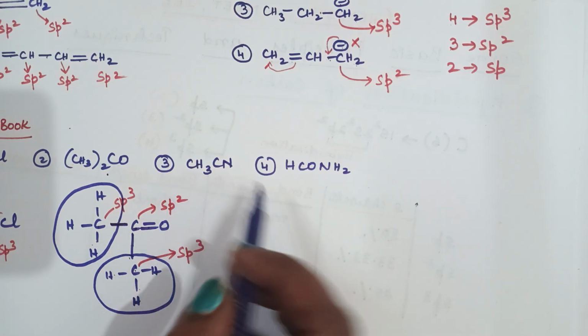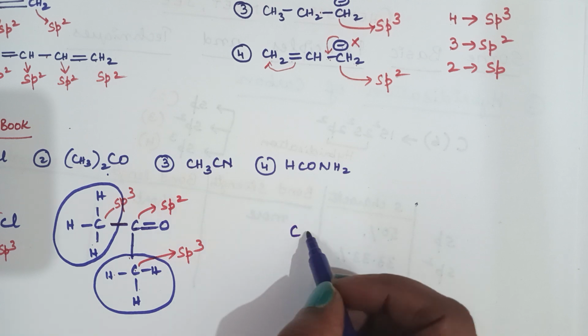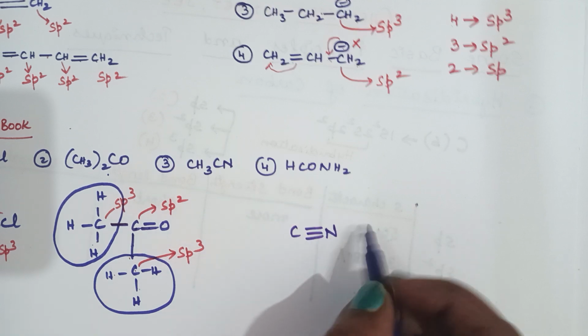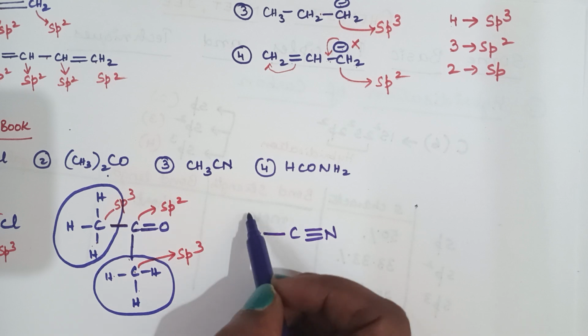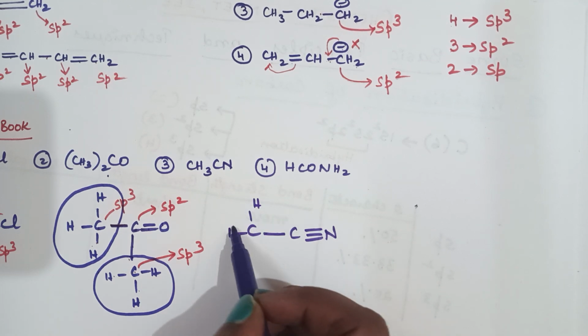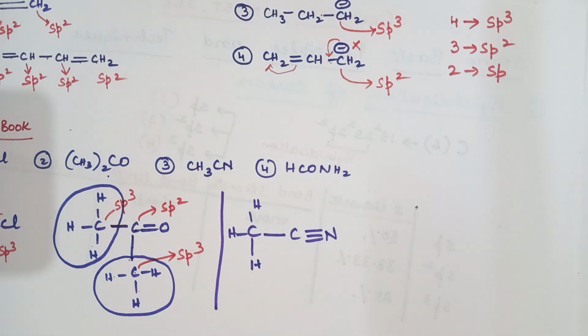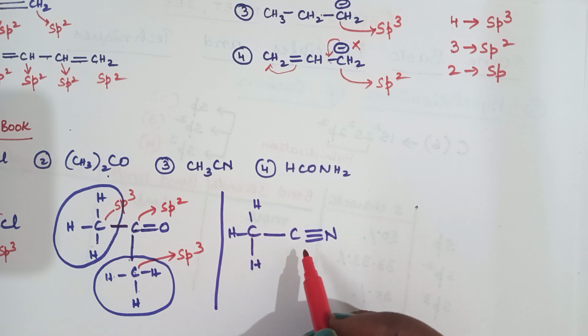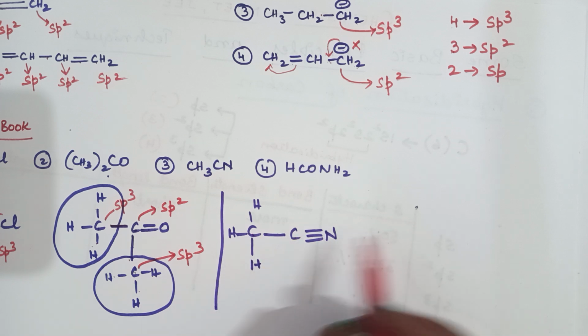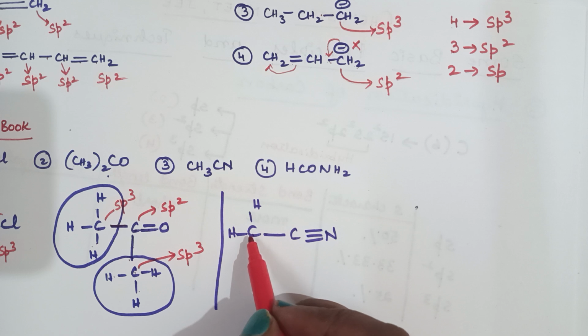Third one, CH3CN. So CN will be a triple bond, CH3, C, H, H and H. So this is the example. We have to find the hybridization of this carbon and the hybridization of this carbon. First we will find the hybridization of this carbon atom.